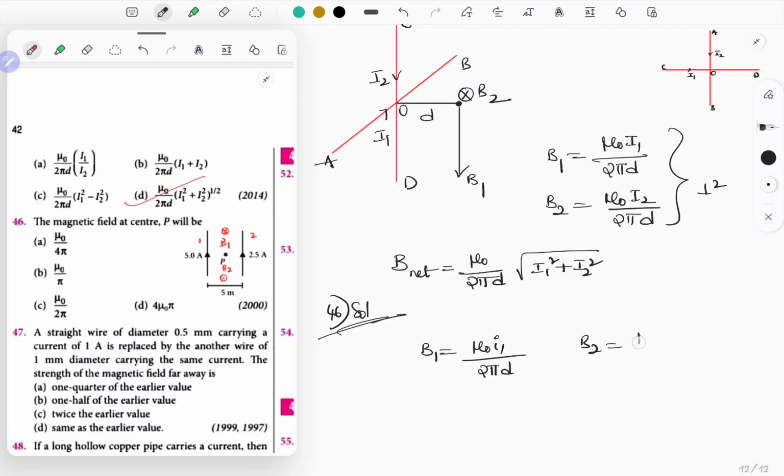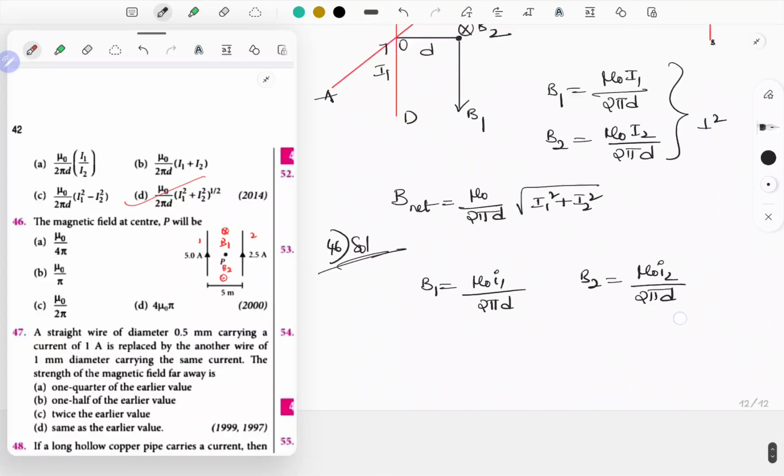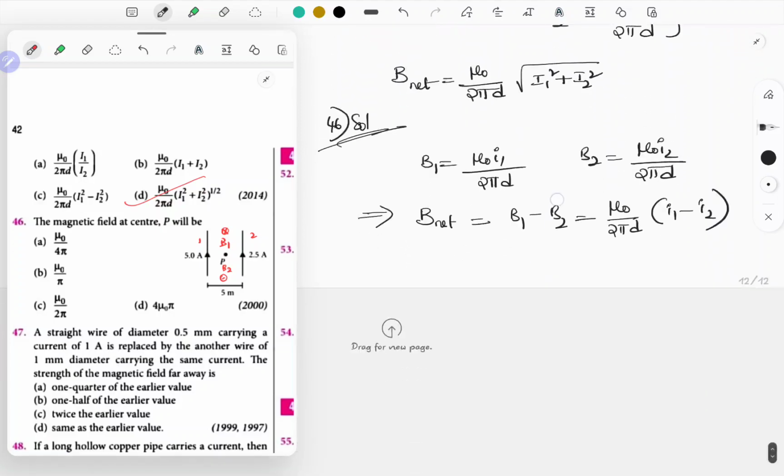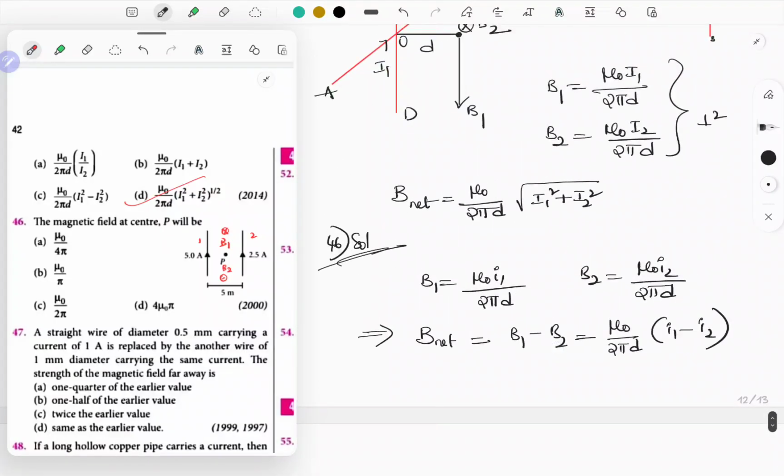Similarly, B2 is equal to mu naught I2 divided by 2 pi d, as the distance of separation is the same. As the denominator is the same for both cases and I1 is greater than I2, I can subtract them. And one more thing, they are in opposite directions. B1 is into, B2 is outward. So B net is going to be B1 minus B2. So mu naught by 2 pi d is common, and I1 minus I2 will be there. Let's substitute the values.